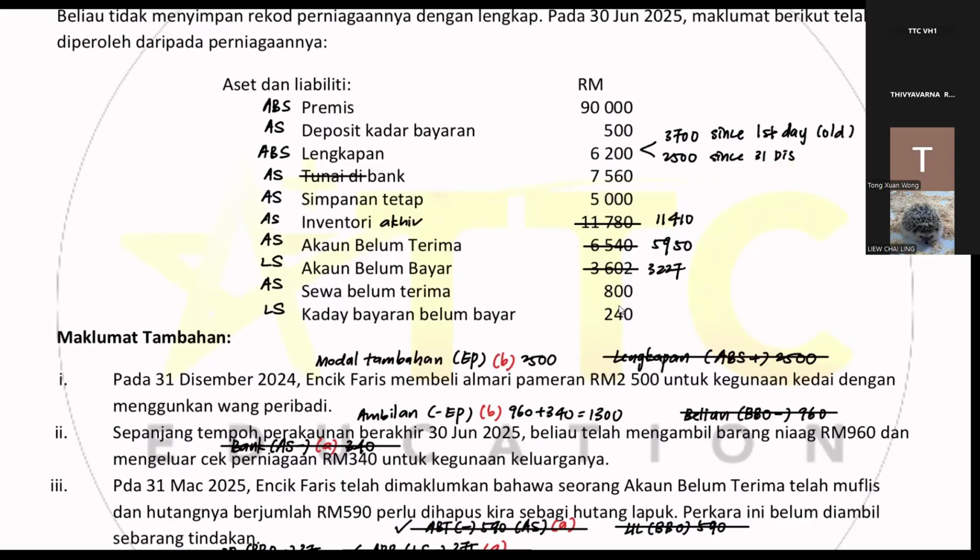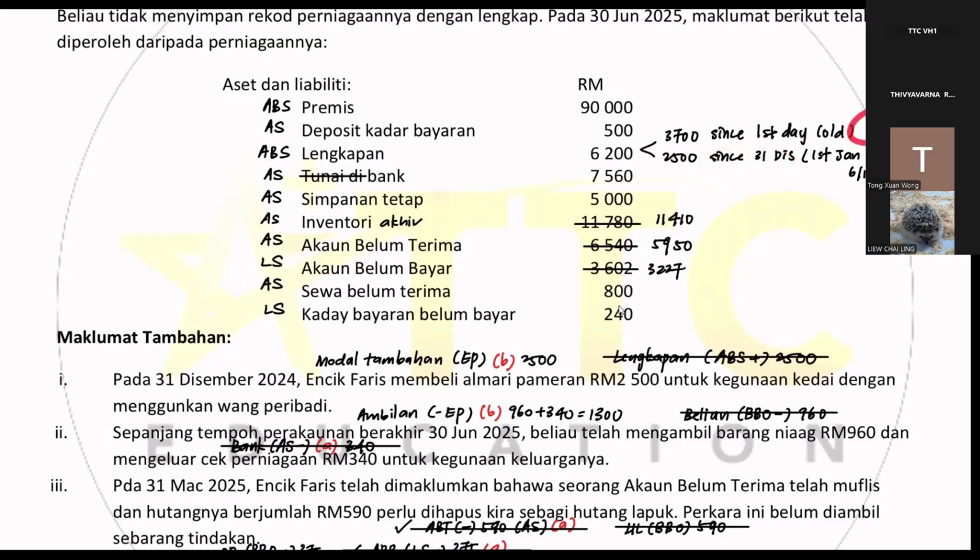So from 1st January until year end, 30th June. How many months here? 6 months, right? So you need to calculate 6 over 12 for the new portion. So be careful for this one.